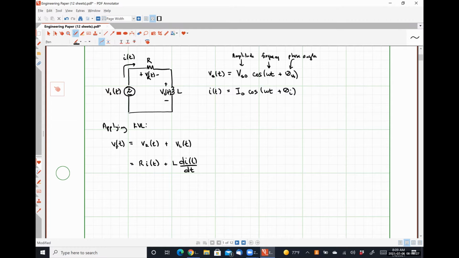So the trig identity that I'm going to apply, I'm going to put it in a box, is cosine alpha plus beta is equal to cosine alpha cosine beta minus sine alpha sine beta.